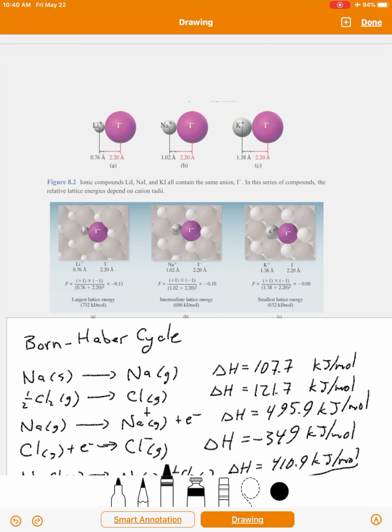Ionic compounds do not form molecules. They form matrices or lattices. It's called a lattice, a group of ions, a large cluster of ions attracted to each other. So the reason ionic compounds form is because all of these ions cluster together and there's lots of attractive forces and lots of attractive energies.